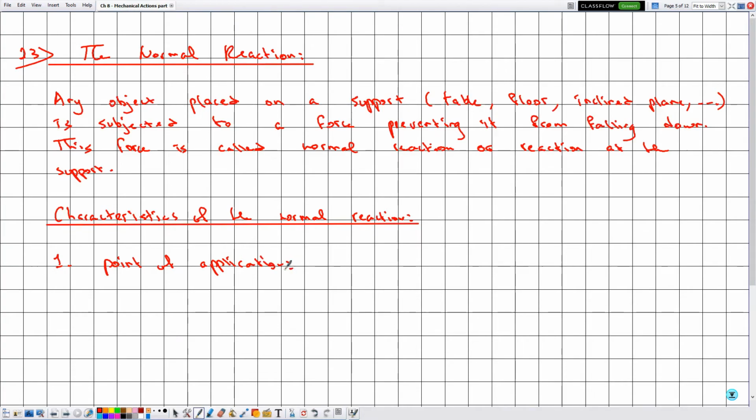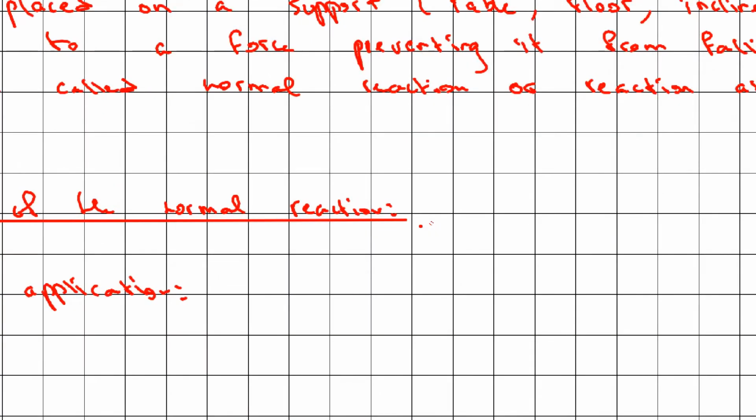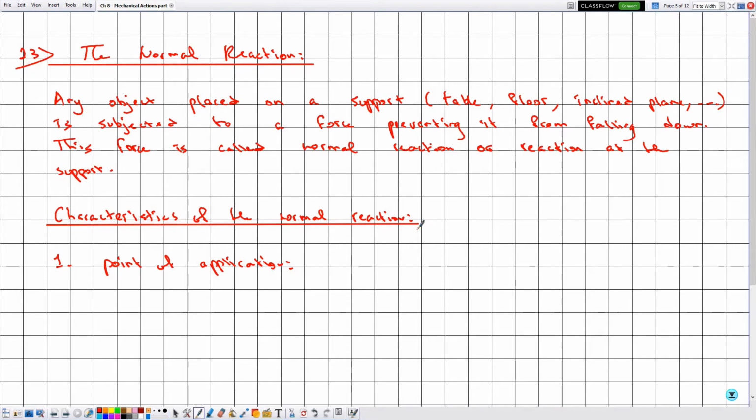Because the normal reaction is classified as a contact force, the point of application will be the point of contact between the two bodies that are at interaction, in this case between the object and the support.